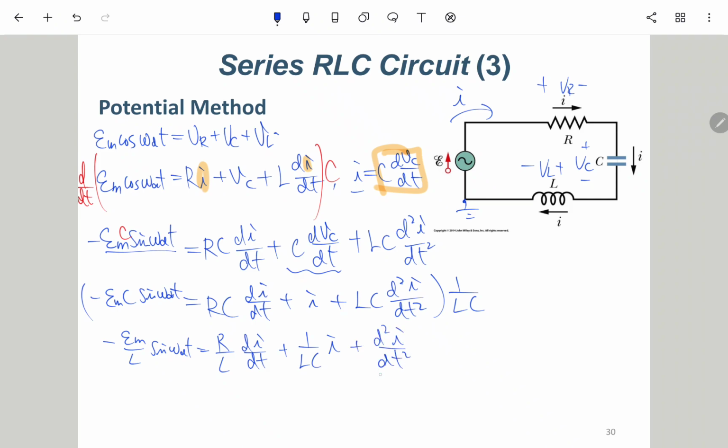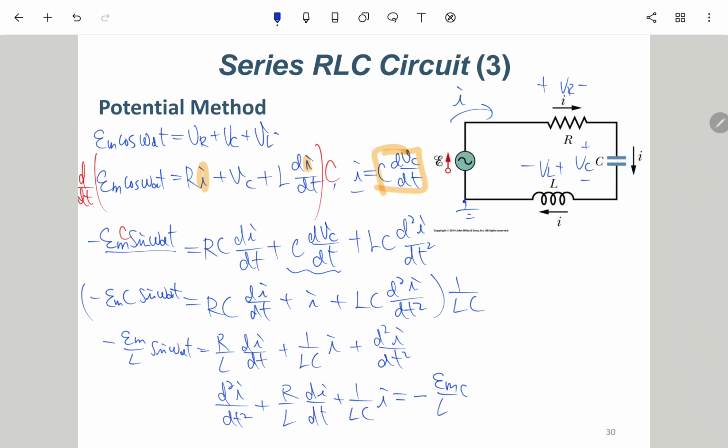Okay, so the leading coefficient becomes 1, or maybe I can just reorder it like d2I dt2 plus R over L di dt plus 1 over LC I. Okay, so this is actually the same second order ODE, but let me try to write it on the right side.